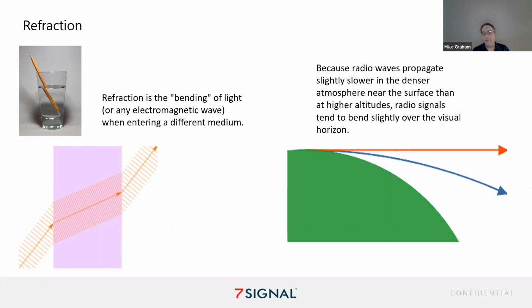And how that really matters in radio is usually outdoors, where, if we take the Earth here, our green quarter sphere, in a straight line, the radio path through the atmosphere actually follows something a lot closer to the blue line. It will curve a bit because the atmosphere has an uneven velocity of propagation.